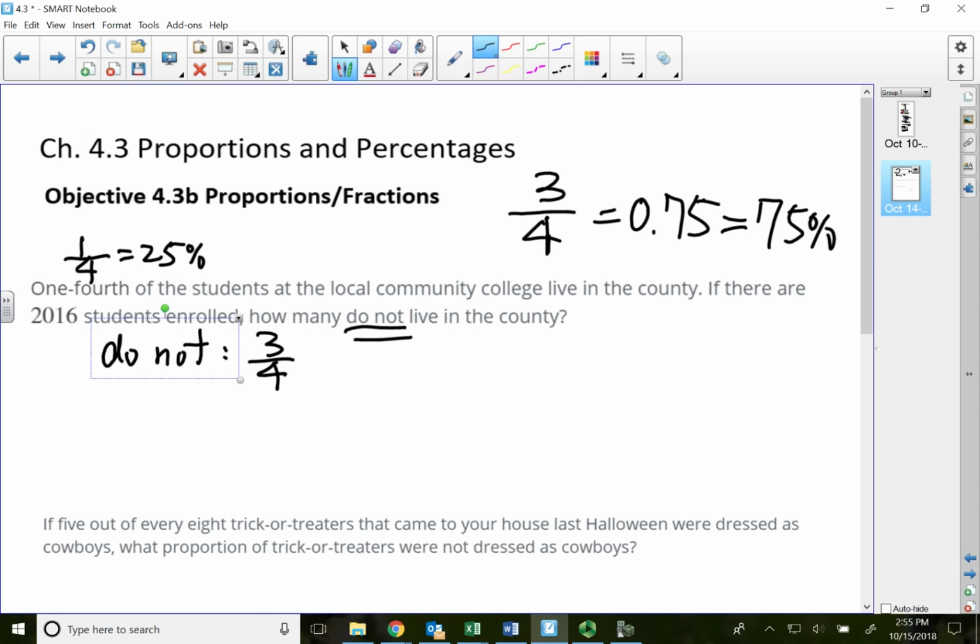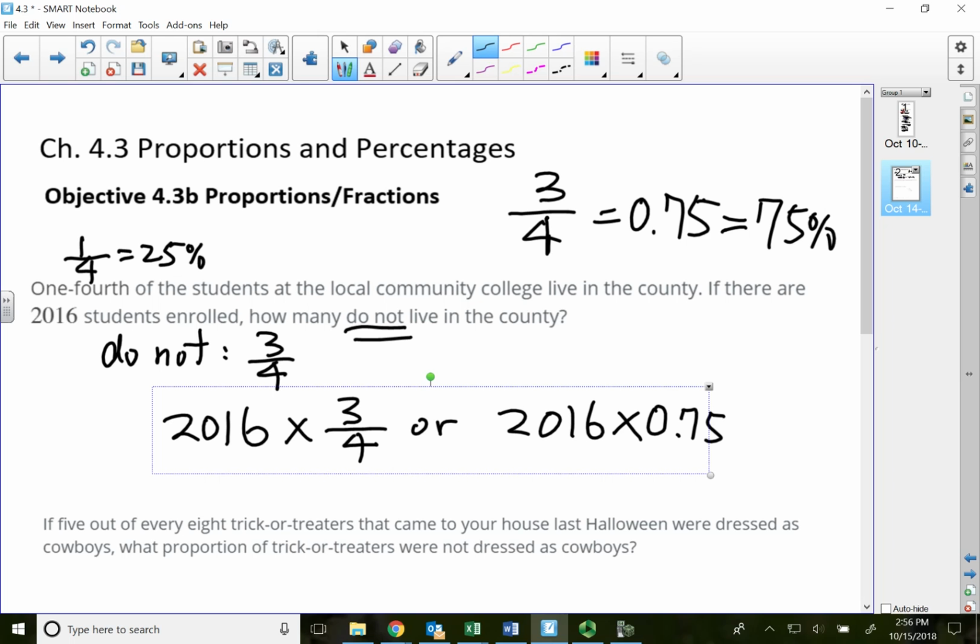Because the 1/4 and the 3/4 are complements, I can just subtract the 1/4 from the total, which is 1 or 100%, and find this a lot quicker. The 2016 is the total, so we take 2016 times 3/4, which is 75%, or 0.75 as well.